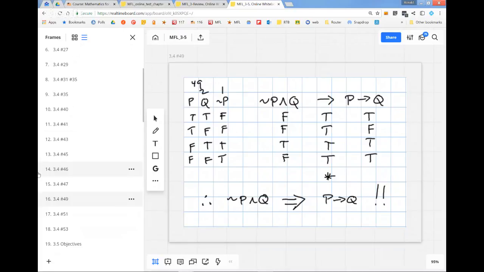Anyway, here's number 49. The two statements are not P and Q, and if P, then Q. So technically, this middle column would not be there yet.